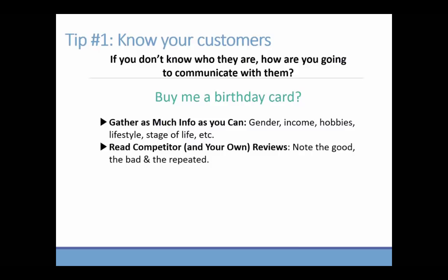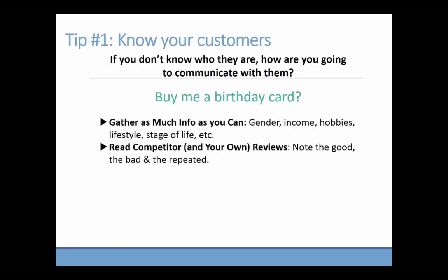You can read your competitor reviews or your own reviews for your own products and take notes. What are some things that people keep repeating that are positive about your product? And the same with the negative, the not so good stuff. If you find that a lot of reviewers are harping on the same types of things, it fits like a glove.